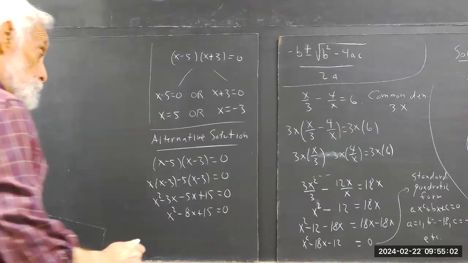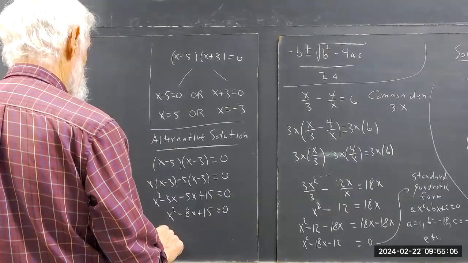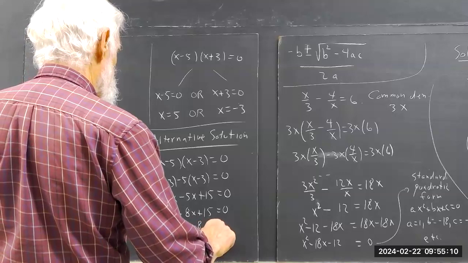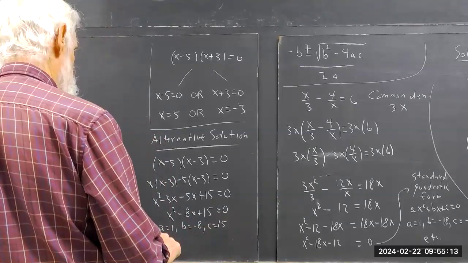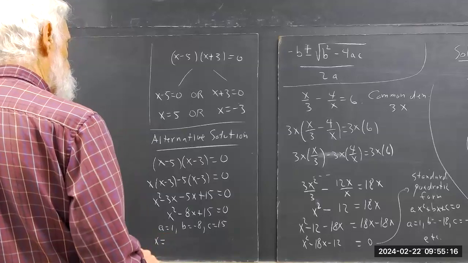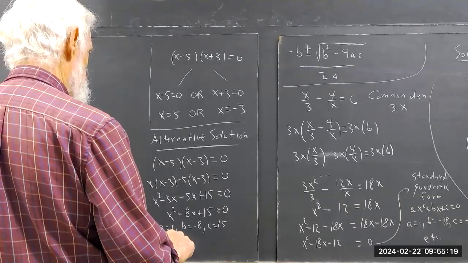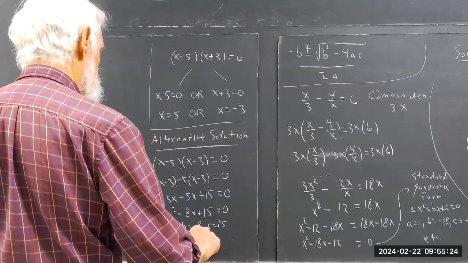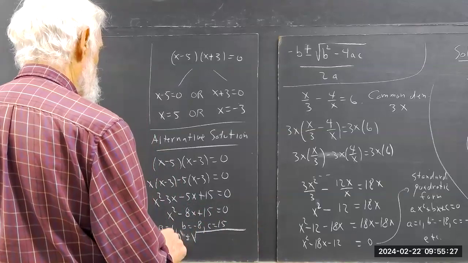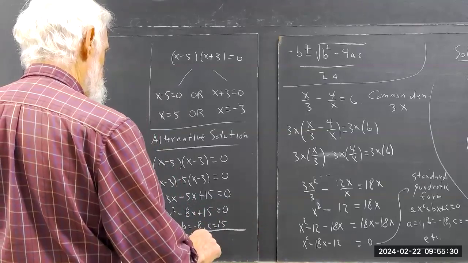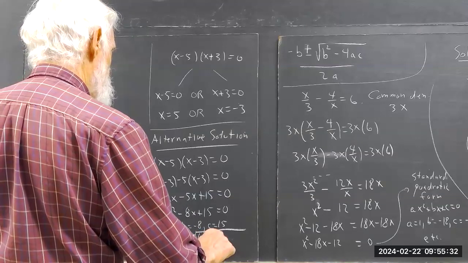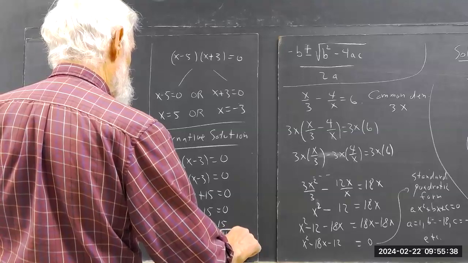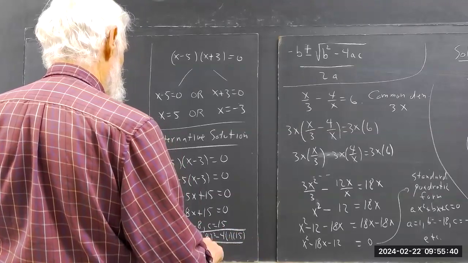And now we can use the quadratic formula. I'll just kind of abbreviate things. A is 1, B is negative 8, C is 15. X equals then the negative of negative 8 plus or minus the square root of the square of negative 8 minus 4 times 1 times 15, all divided by 2 times 1.